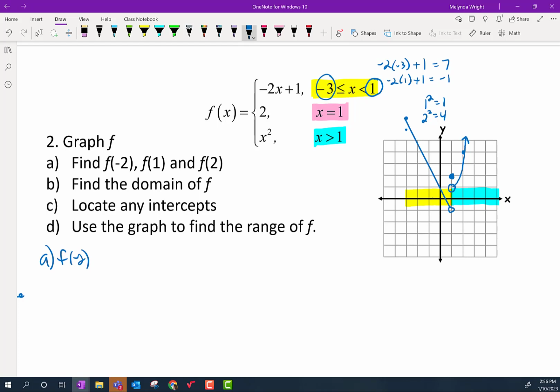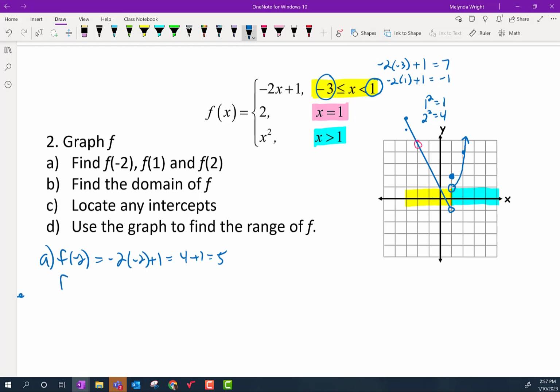I can't tell, because my graph isn't perfect. I'm not really sure what that is. So what I'm going to have to do is calculate it using the function. So f of -2 is going to be -2 times -2 plus 1, which is 4 plus 1, or 5. See, my graph is a little bit off. It should be crossing at 5.